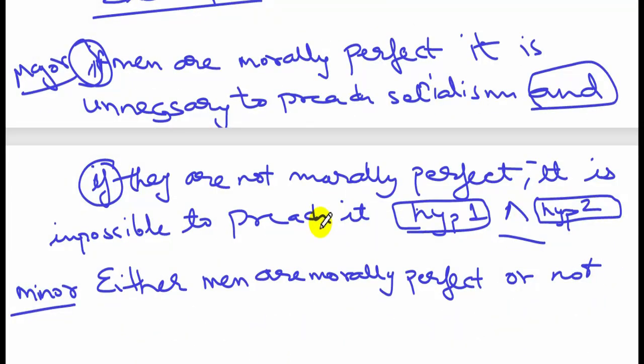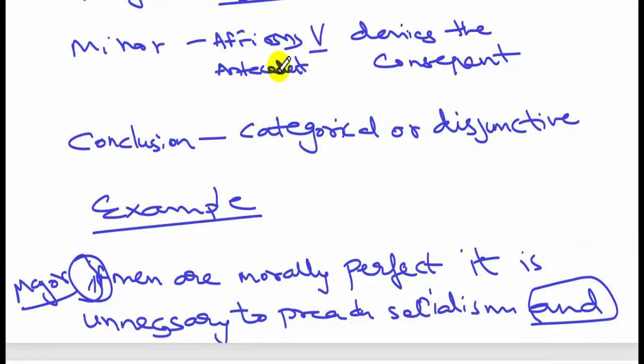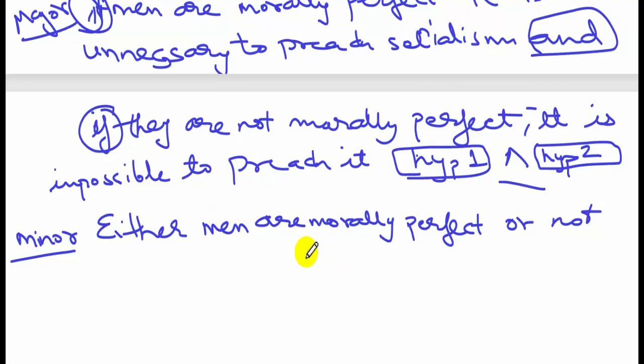So in this, one is it affirms men are morally perfect, affirms the antecedent.